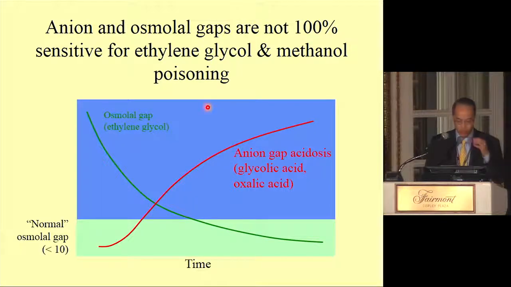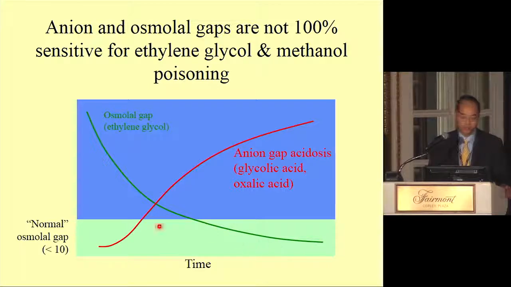This is just to remind you, not something that I think will come up on the boards, but the osmolar gap goes down as the anion gap goes up. So ethylene glycol contributes to this large osmolar gap, and over time, as this gets metabolized, the anion-gap acidosis gets more severe, while ethylene glycol tends to disappear.